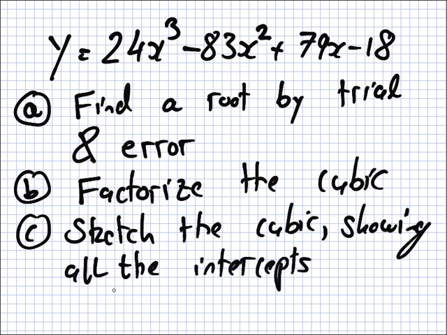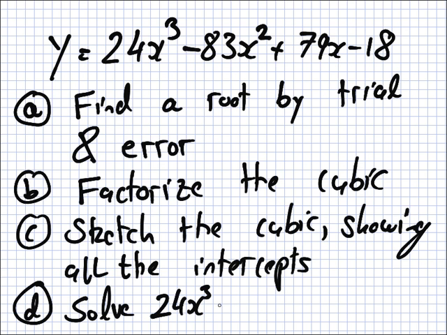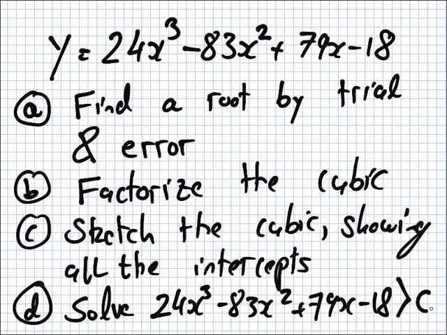And then finally, D is to solve 24x cubed minus 83x squared plus 79x minus 18 is more than 0. Okay, I'll give you a minute to try this. I think you'll have no trouble with it. Maybe just with the last part, but we'll see. Give it a try.